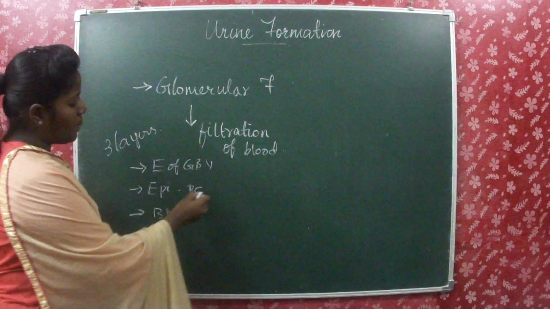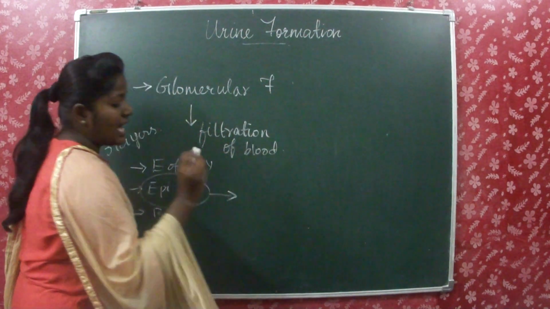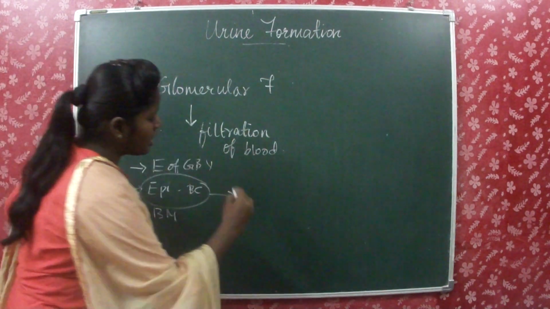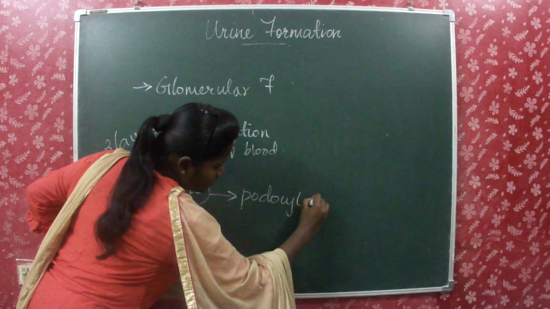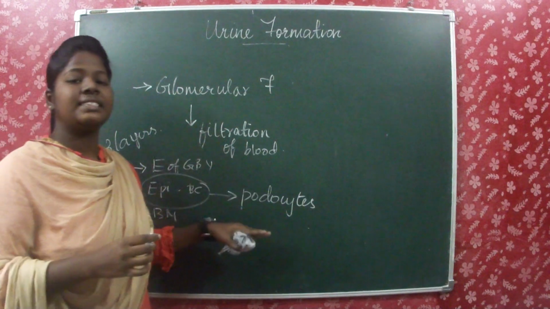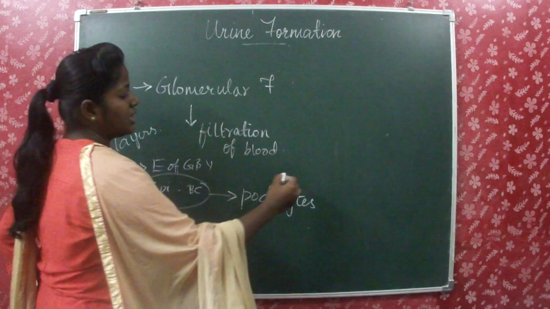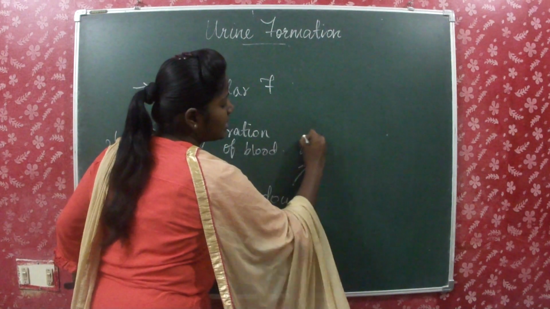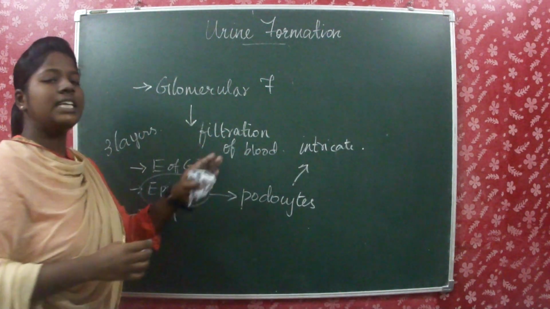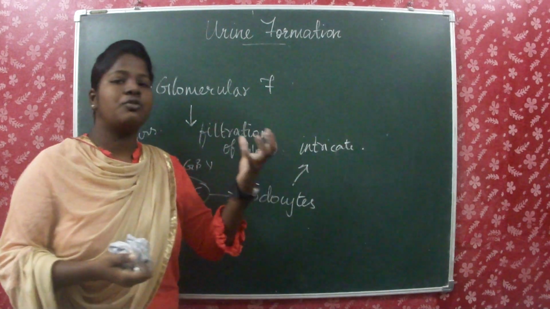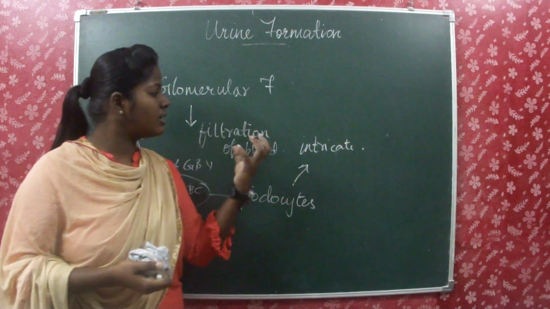The epithelium of Bowman's capsule has epithelial cells called podocytes. The podocytes are arranged in an intricate manner, leaving some spaces in between to form filtration pores or slit pores.